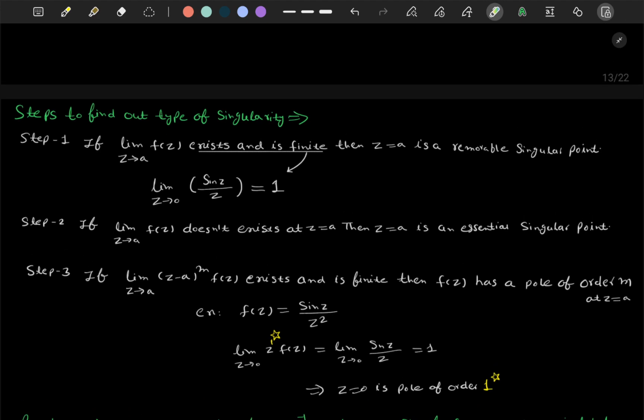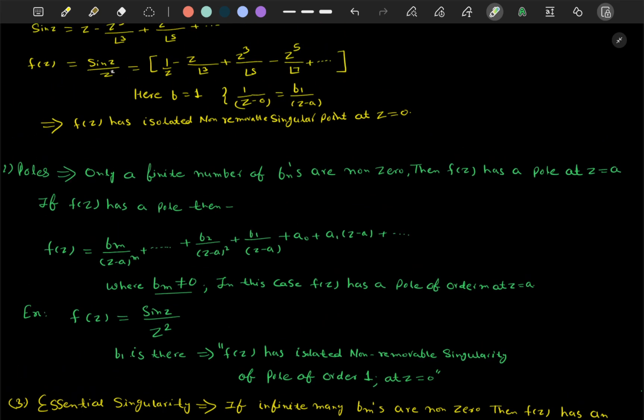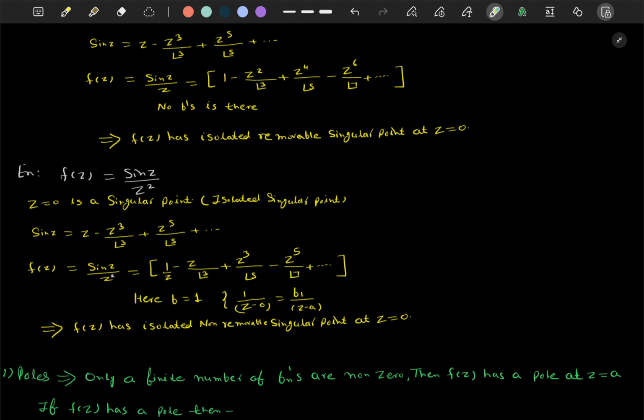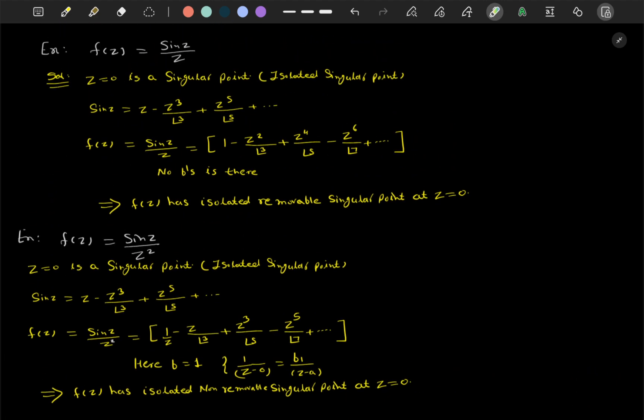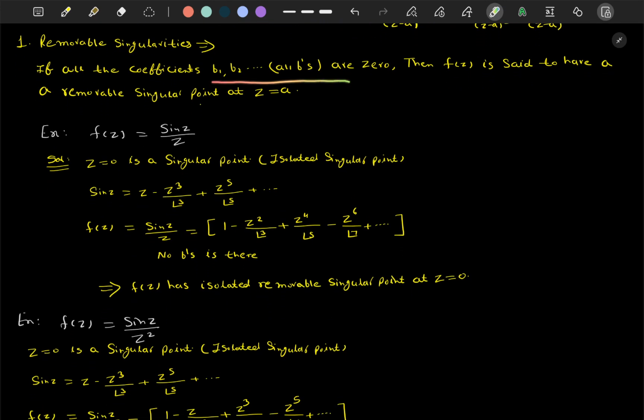Now how will we determine the steps to find out the singularity? First, if the limit as z tends to a of f of z exists and is finite, meaning the limit of that function should exist, then z equal to a is a removable singular point. First we will check the removable singular point. We have just studied when we will have a removable singular point: when all b's are 0.